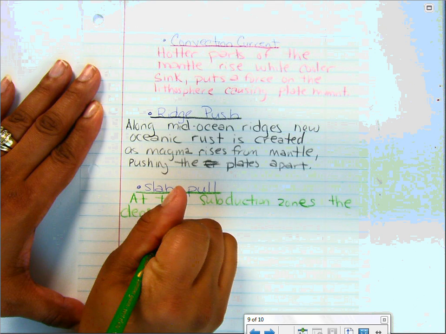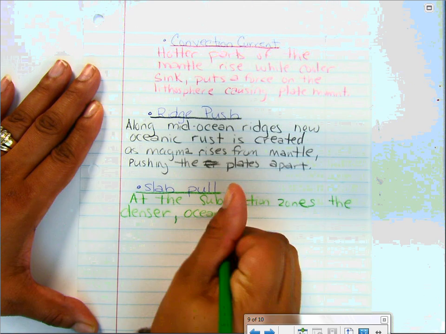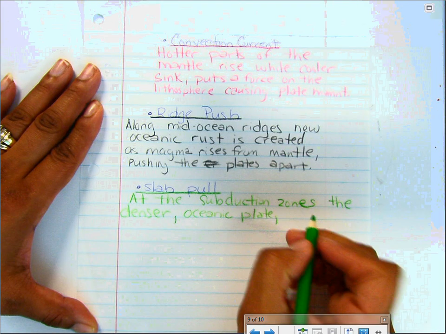Oceanic, very good. The denser oceanic plate does what? Yep, it's being pulled. So let's use that same word so that you can link it together. Is being pulled down.